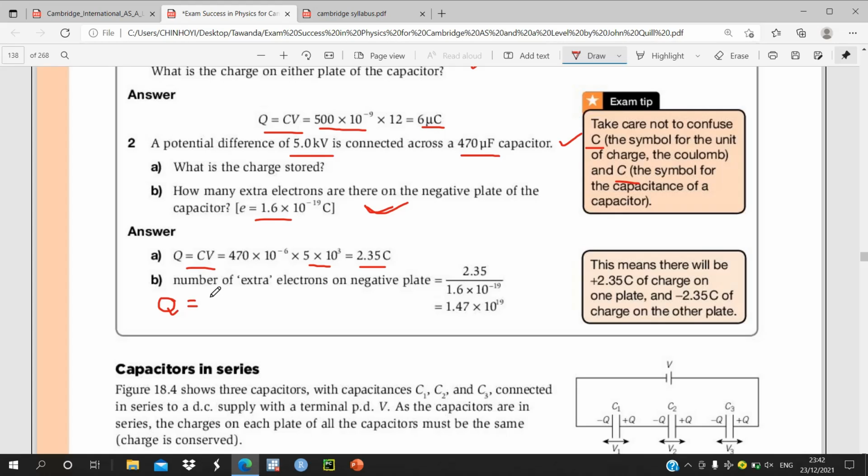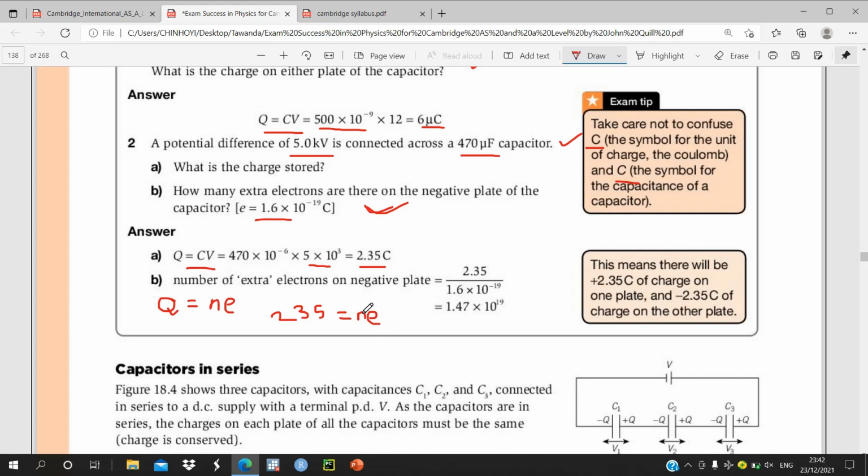But remember, we can divide this charge as the total number of electrons times the charge of each electron. So here is our charge, 2.35. Our 2.35 here is equal to Ne, the number of electrons, times the charge of each electron.